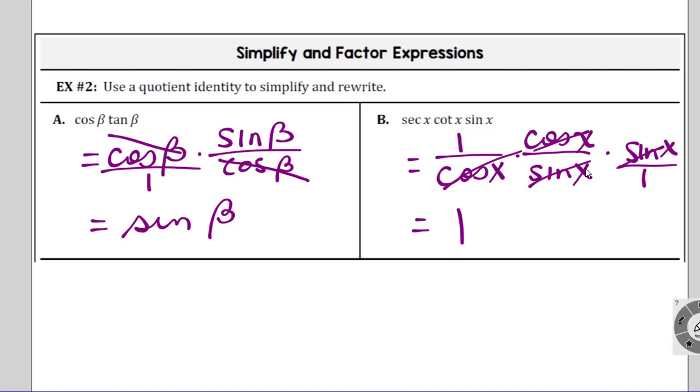Like, shouldn't that be 1 over cosine? No, really, instead of thinking about the identity here, what I did in this problem was to write everybody in terms of sine and cosine. And of course, sine was already in terms of sine and cosine. And we like to do that because as it happened, we were able to cancel things out.